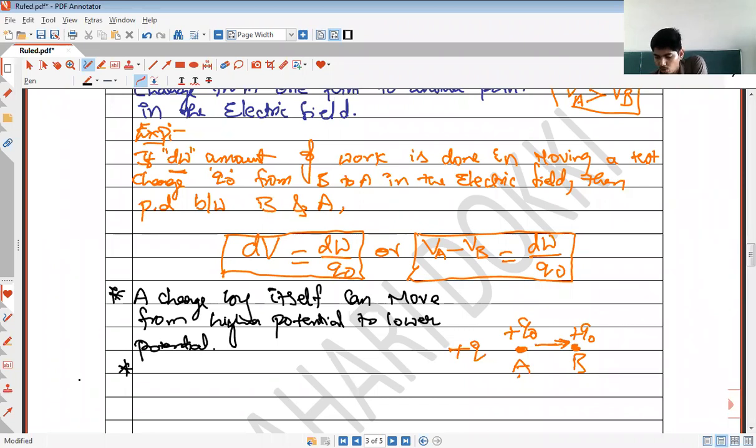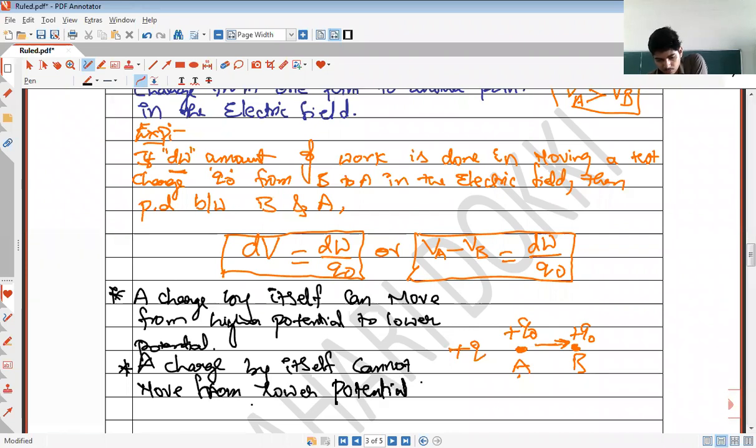No. So a charge by itself cannot move from lower potential to higher potential.